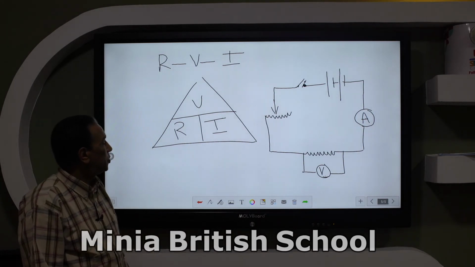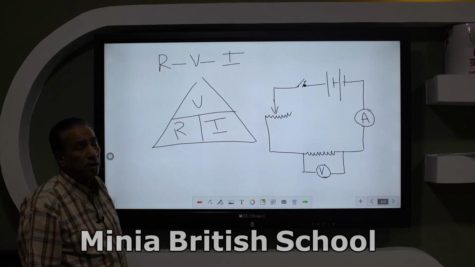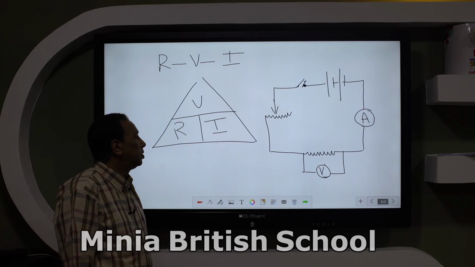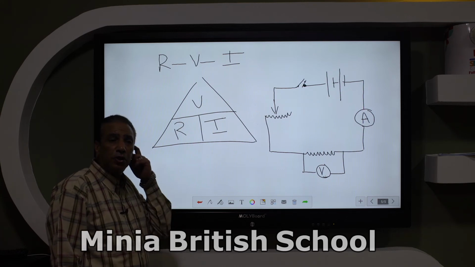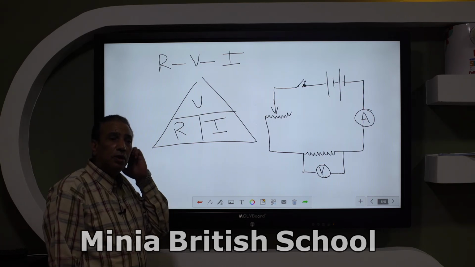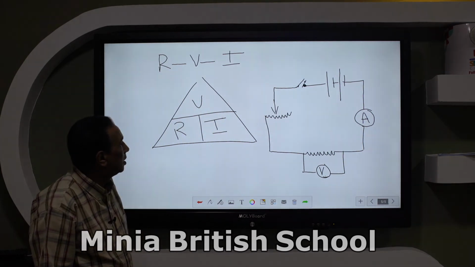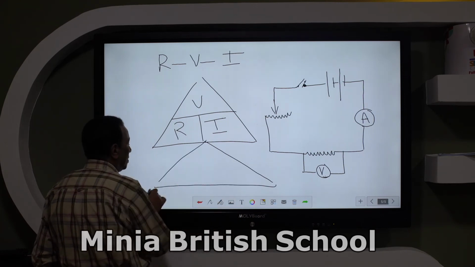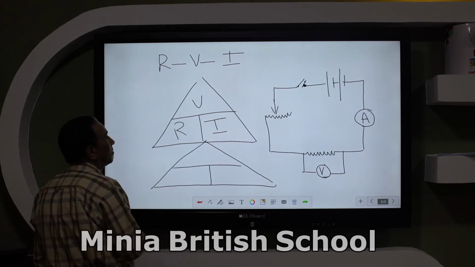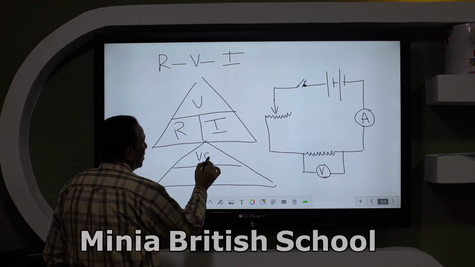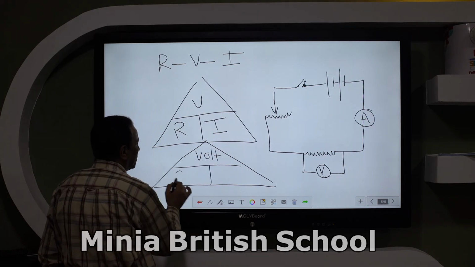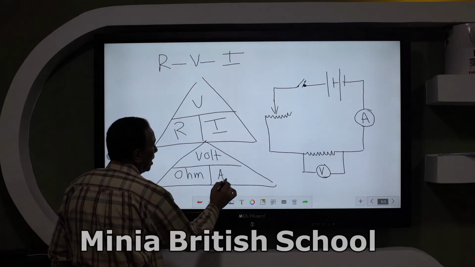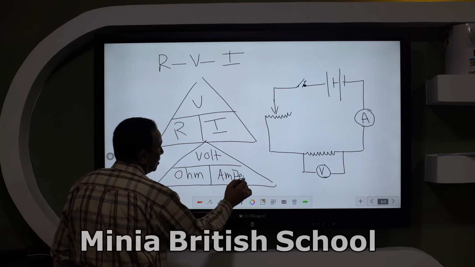Ohm's law states what? The current intensity is directly proportional to the potential difference between the ends of a conductor at a constant temperature. If we make this using the units, the unit for measuring this one is the volt, this one is the ohm, and this one is the ampere.